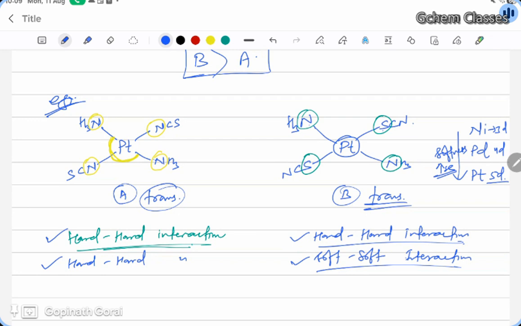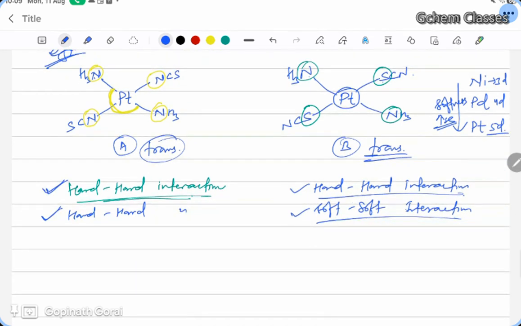Basically for A all are hard, so in this case we are going to choose A. A is going to be more stable than B over here, right? A is having more stability than B.